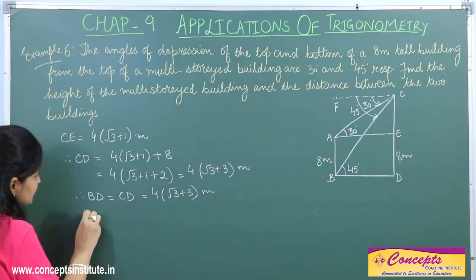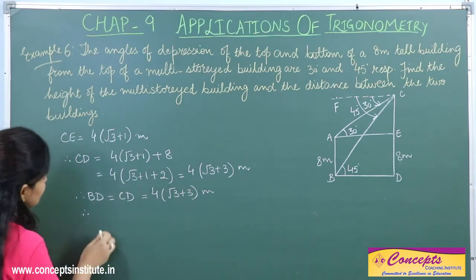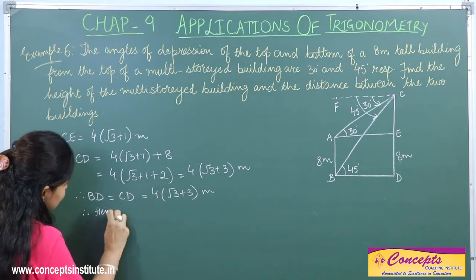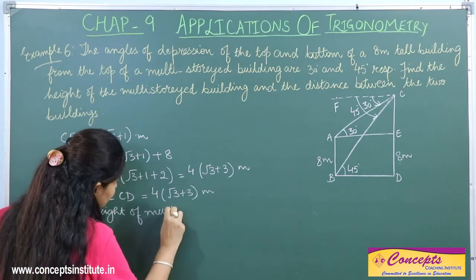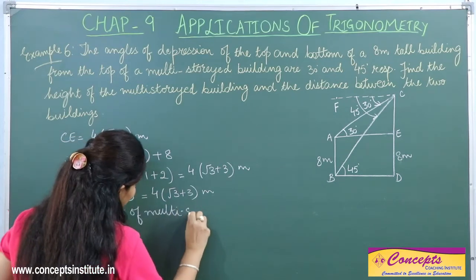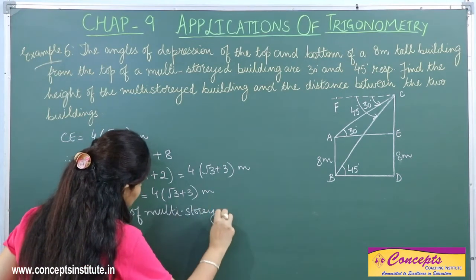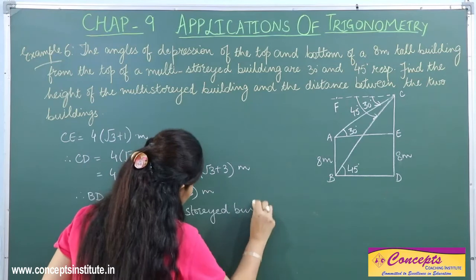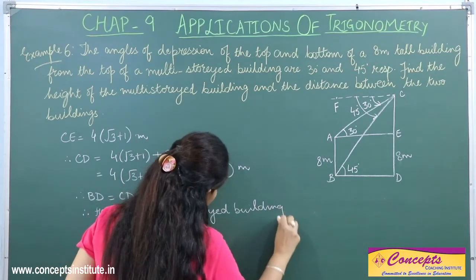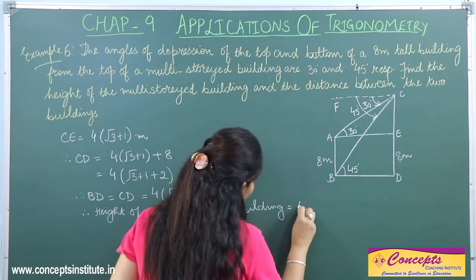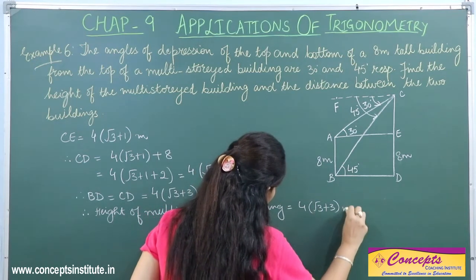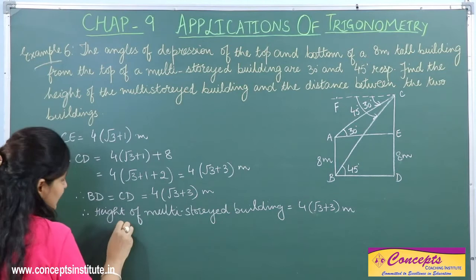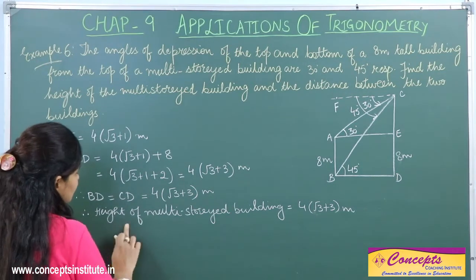But we have to write our final answer properly. So we will write, therefore, height of multi-story building is equals to 4 into root 3 plus 3 meter, and we have to find out the distance.